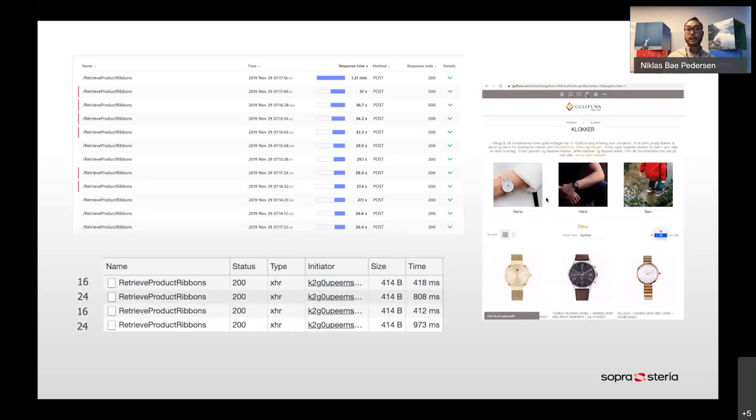So we had to lower the amount to a default of 16 and a maximum of 24. And that gave drastic improvements on the response time, which you can see down to the left. 16 products are retrieved in 400 milliseconds, and 24 are nearly doubling the response time up to 800 milliseconds.